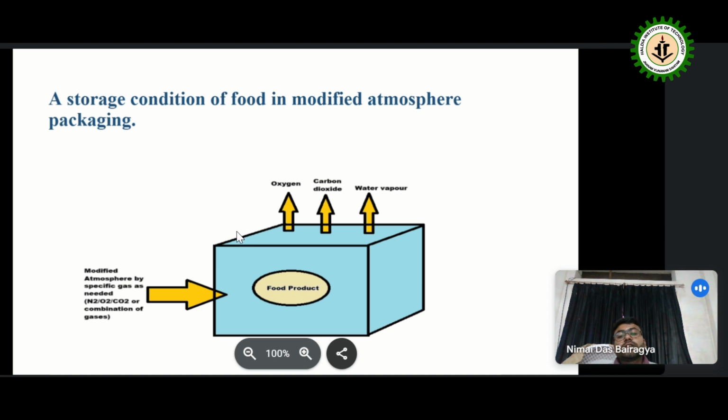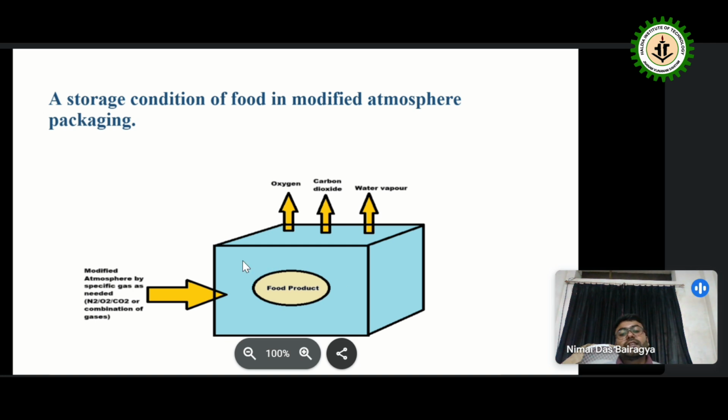So now if we keep this product in a modified atmosphere package by modifying the oxygen, carbon dioxide and nitrogen levels for the different food products, the combination will be different. That also seals out the water vapor, carbon dioxide, oxygen. So this package will at first be sealed, with no leakage.